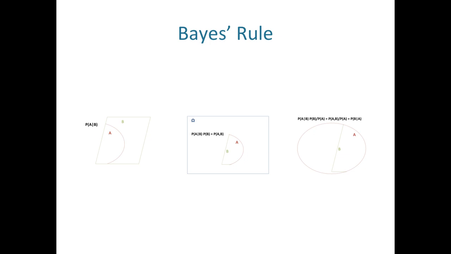Which is what we see in the second representation. And then we need to add to that, okay, given that we know that A happens, what's the probability that B is going to happen, okay? So that's basically how Bayes' rule can be represented graphically.